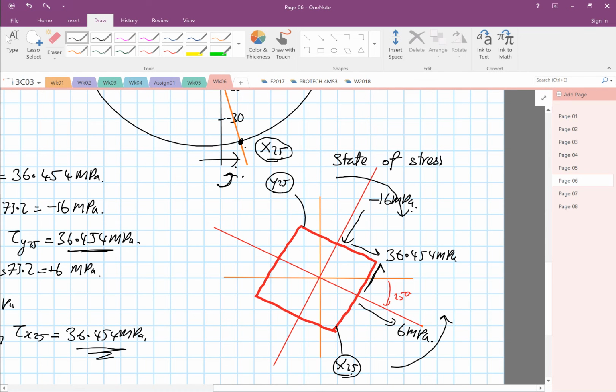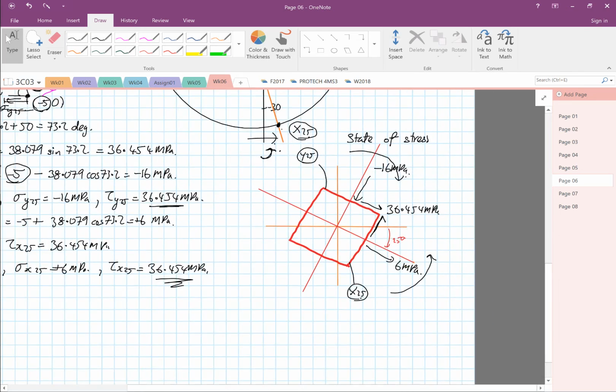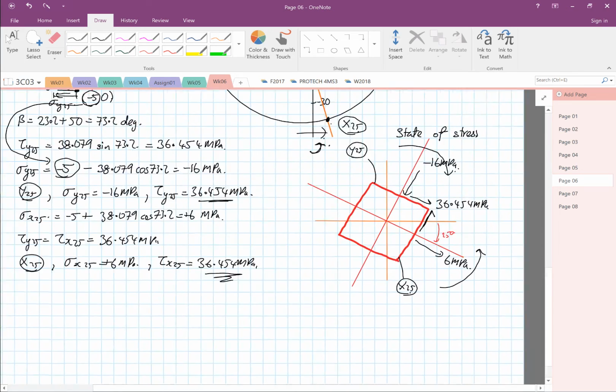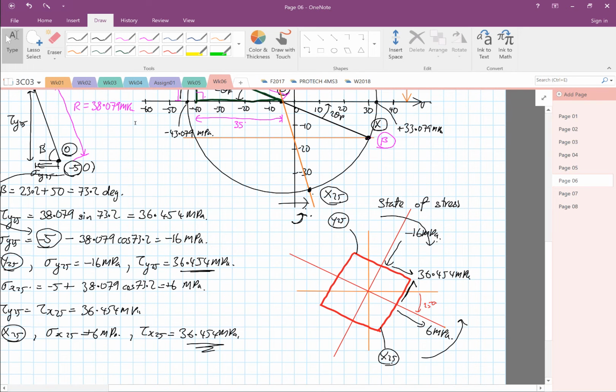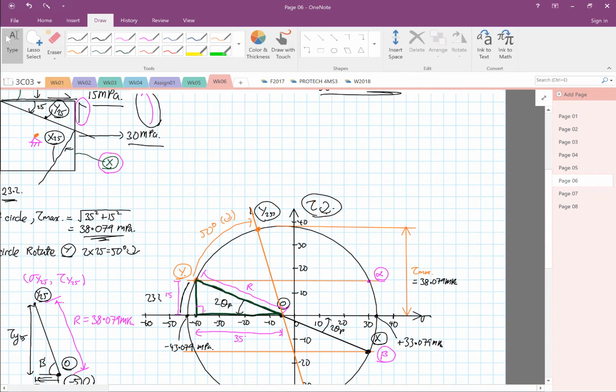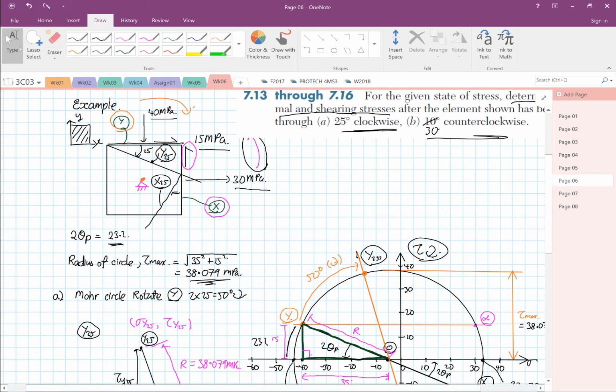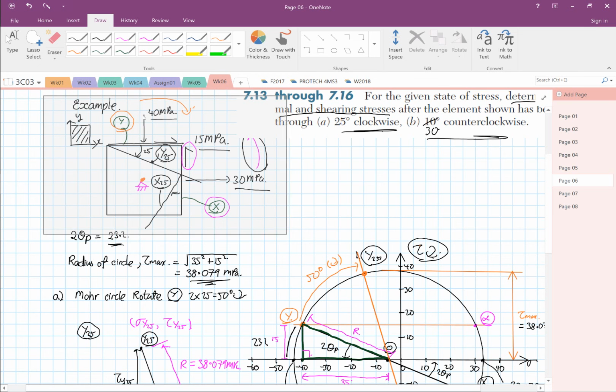I'm going to work on another example based on the same element, but now we're going to rotate it differently. I'm going to copy the same thing, and this part also.